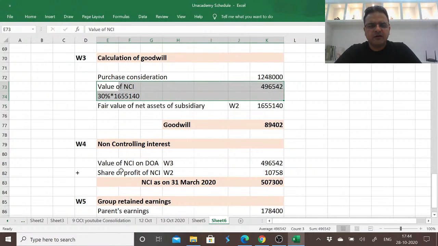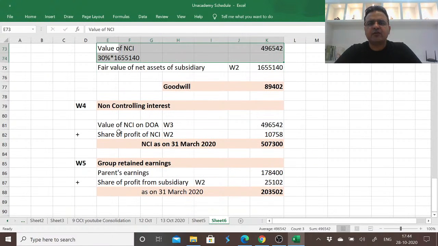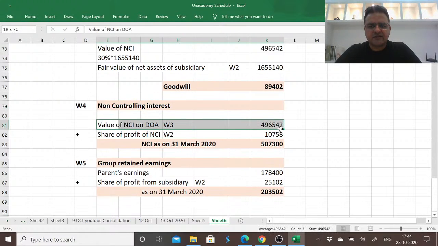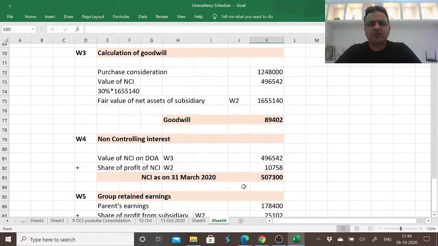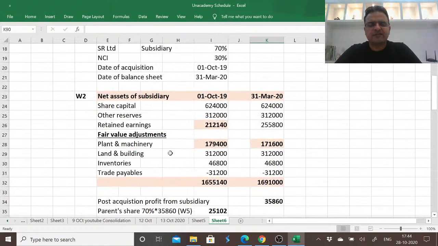The same value supported us in calculating balance sheet date NCI 496542, and post acquisition profit from subsidiary 25102. The main things which required some thought were the retained earnings position on date of acquisition, and the plant and machinery valuation, how much was the increase on the date of acquisition, and the depreciation on the increased amount for the next 6 months.